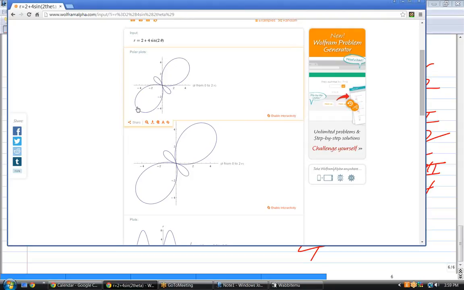Now, as far as these r's, that could easily be plus 2. That could easily be plus 2. But it also could be minus 2. And we'd have to go through the tracing to figure out whether we're looking at a minus 2 r there.